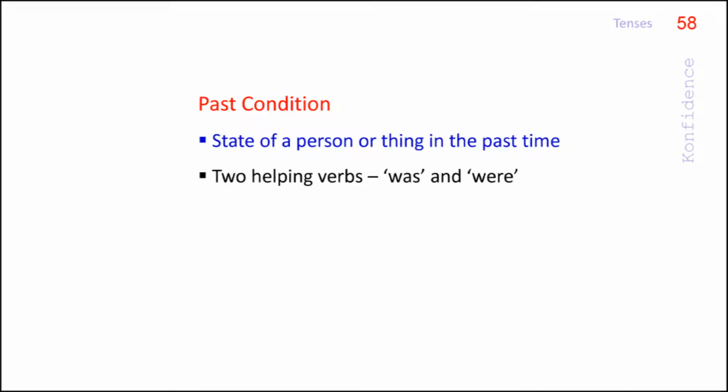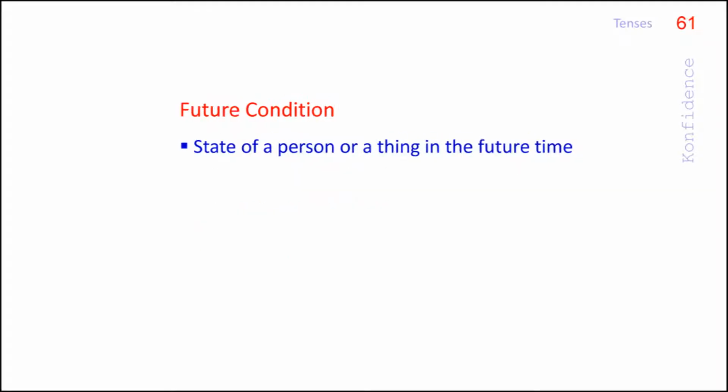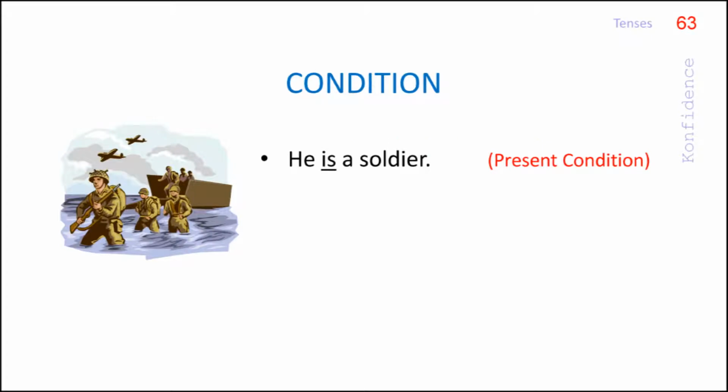Two helping verbs, was and were, are used to express past condition. Was with singular subjects and were with plural subjects. Future condition indicates the state of a person or a thing in the future time. The helping verb will be is used to indicate future condition.